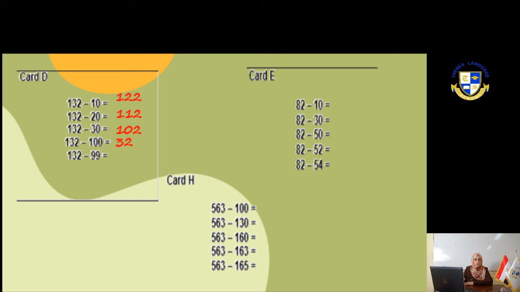For the last one, 100 is greater than 99 by 1. So your answer is 32. Adding 1 to it, it will be 33.